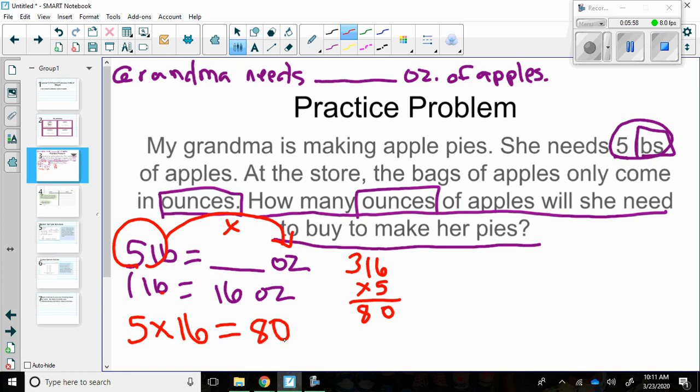So my answer is that 5 pounds equal 80 ounces. To answer the question, how many ounces of apples will she need to make her pies? 80 ounces of apples. Let's go ahead and look at the next problem, the solve and share.